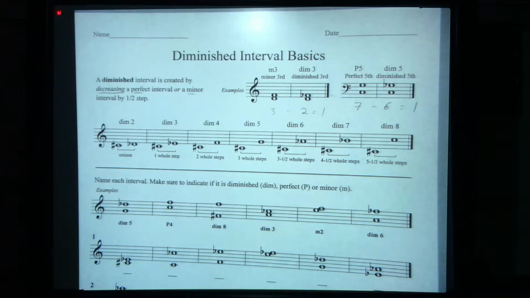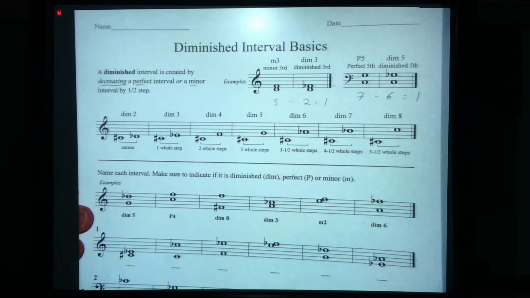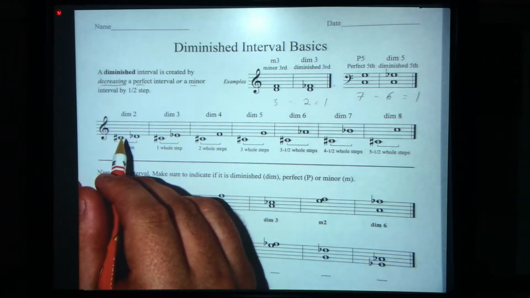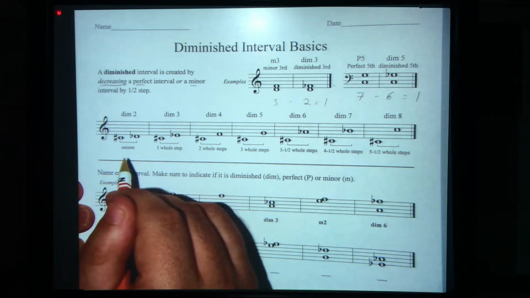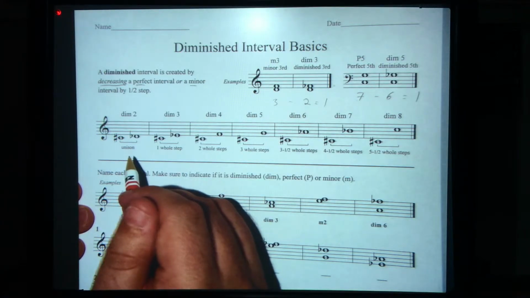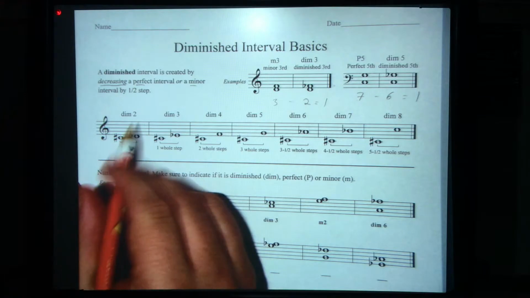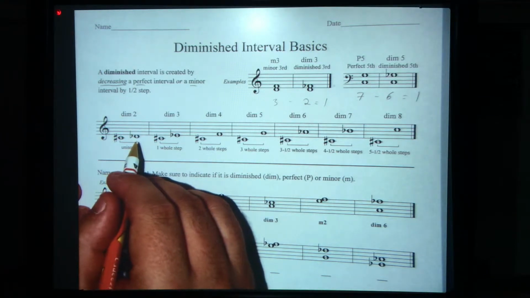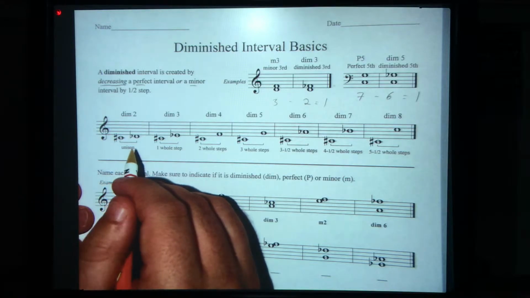Okay? Let's look at these diminished intervals. Diminished second. You might look at this word unison and think, well, why aren't they the same note? Why aren't they written the same? Well, I'll tell you. A C sharp and a D flat can serve very different functions as part of a musical chord.